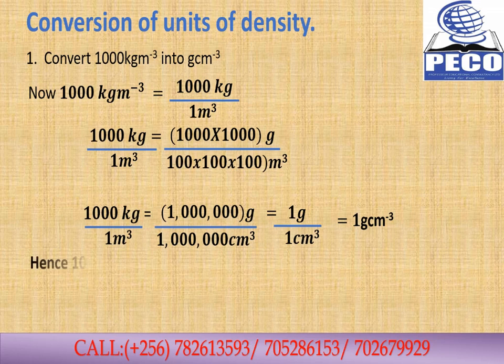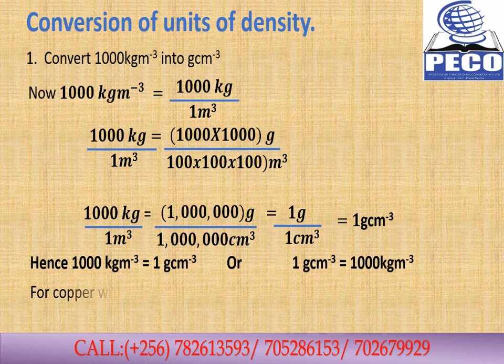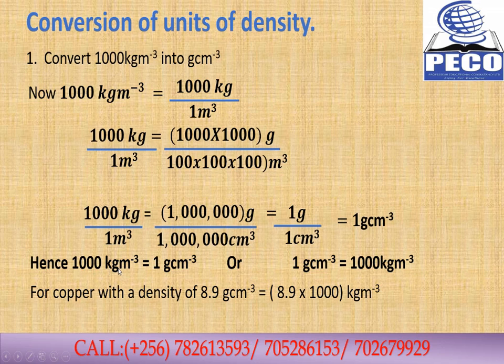So therefore, or hence, 1000 kilograms per cubic meter is the same as 1 gram per centimeter cubed, or the other way around, 1 gram per centimeter cubed is 1000 kilograms per cubic meter.